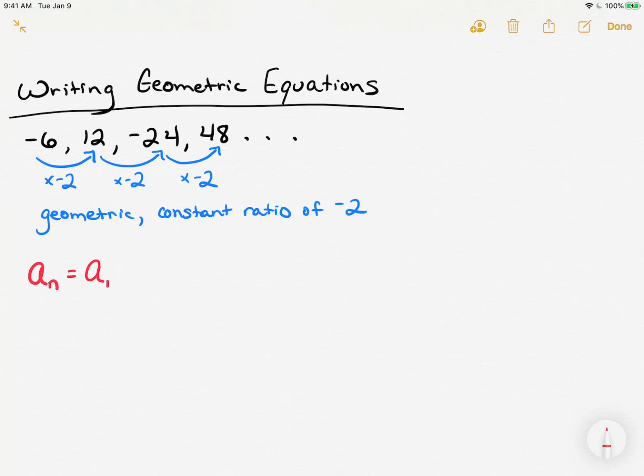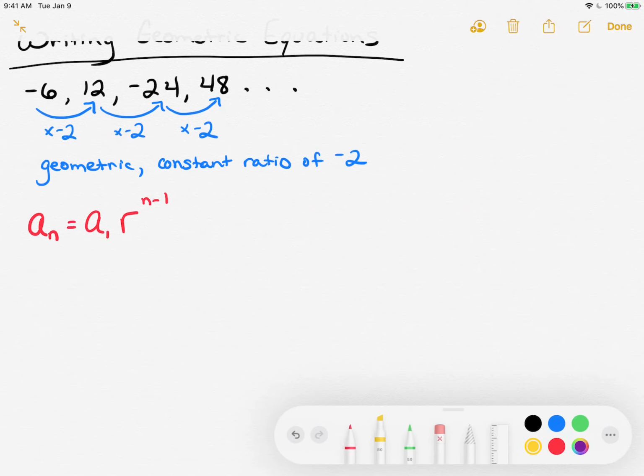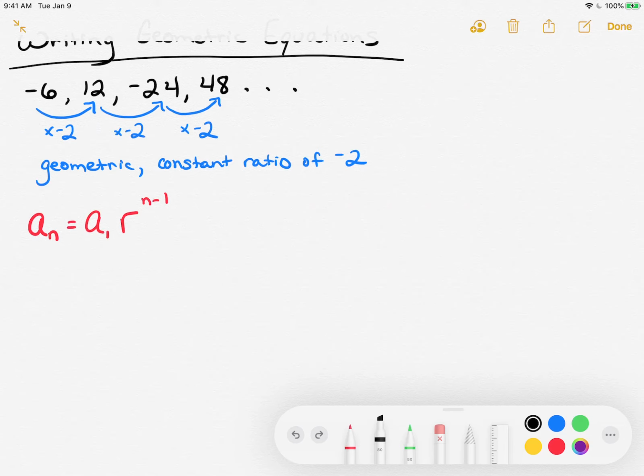I'm going to write the equation first, and then I will tell you what all the variables mean. But this is... Is that a comma after A? No, it's a number 1. Is that better or worse? That's worse.